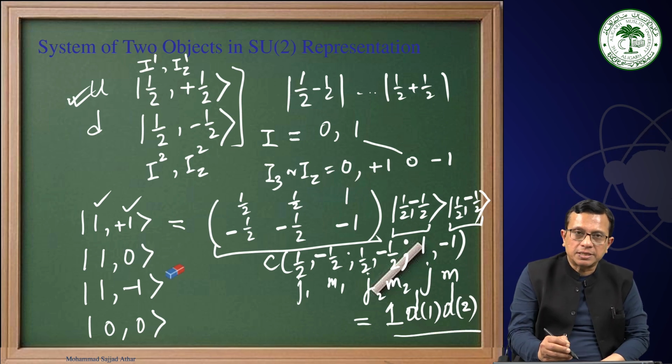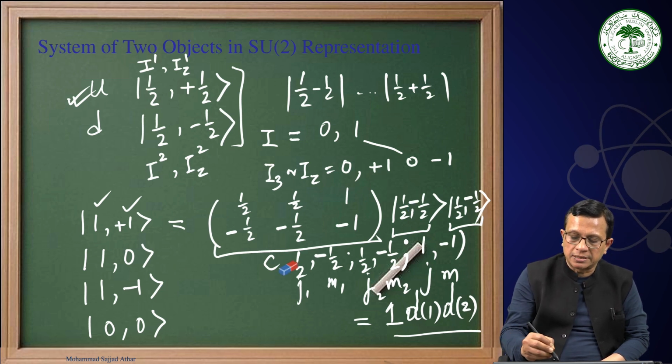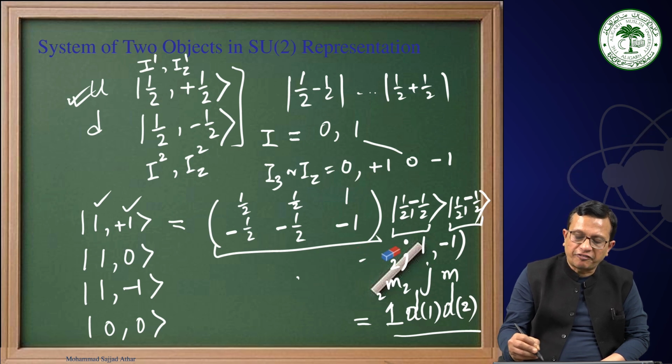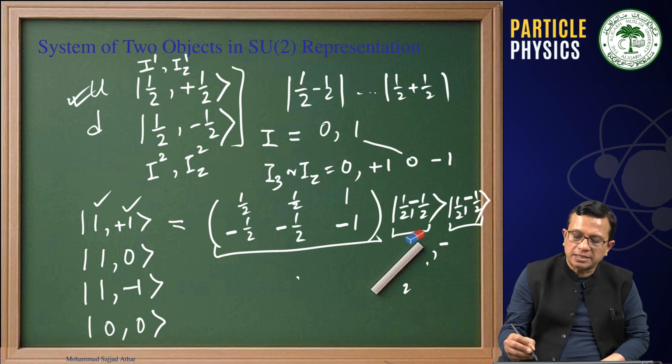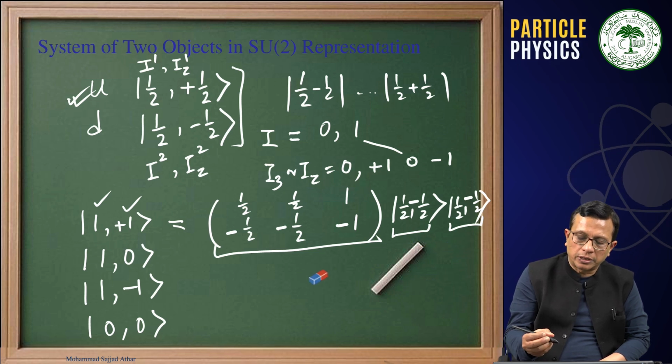Similarly for 1 0 and 0 0, we found that we have two possibilities. In the first state the projection is plus half, and in the second state the projection is minus half, so that this was plus half and this was minus half to give us 0, when we have added them algebraically.